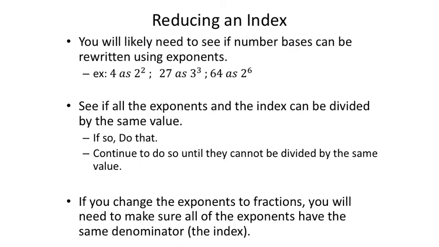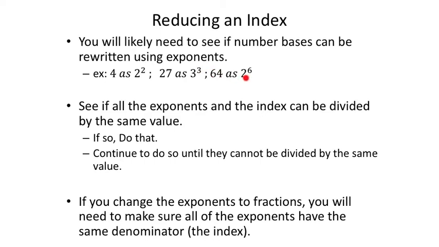We did talk about this last time, but reducing an index, what you've got to do is they shouldn't have anything beyond like base 4, I suppose, which really is just a base 2. You need to look for any bases that can be simplified into smaller bases, like 4 can be reduced into base 2 to the power of 2. Right, because this is all exponent stuff. So you're looking for anything that can be reduced, something that can be multiplied by itself. 27 is 3 to the power of 3. 3 times 3 times 3 is 27.